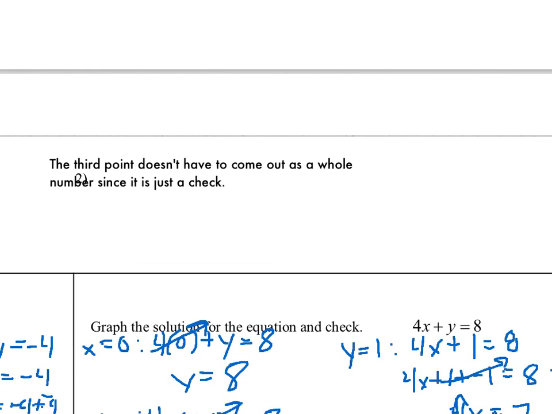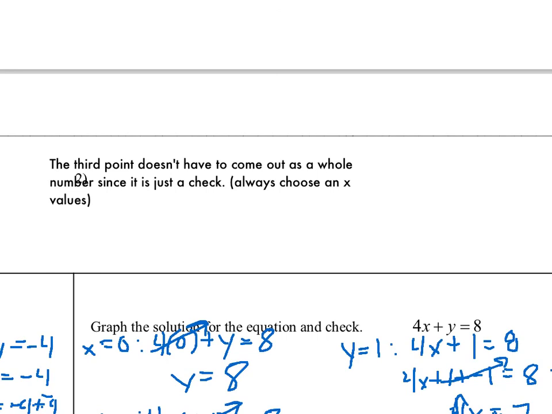And in parentheses, I'm going to put my suggestion just because I think it's easier to understand. Always choose an x value. That's just my suggestion.